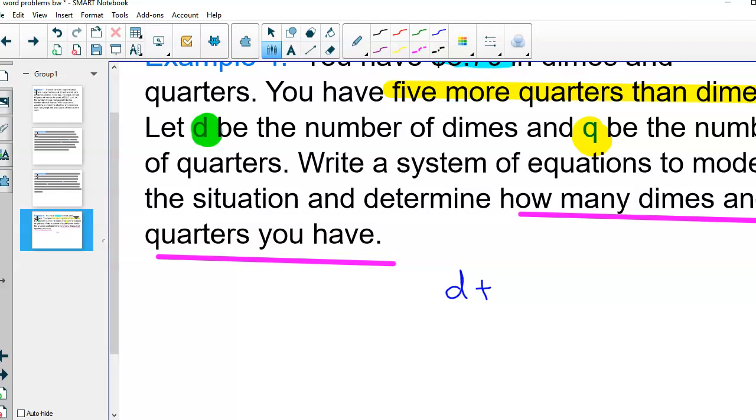Not 5Q, just 5. However many dimes we have, if we added 5 to it, we would know the number of quarters.